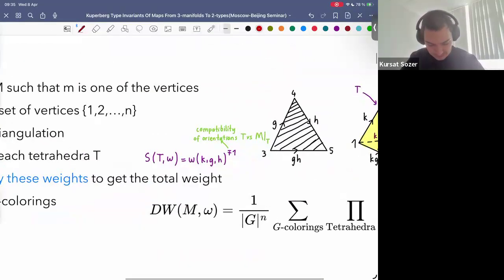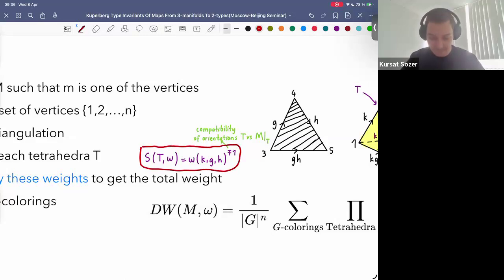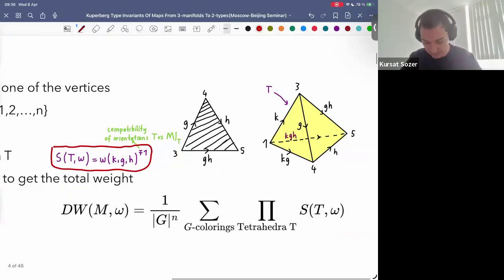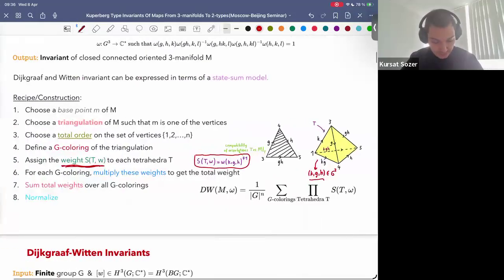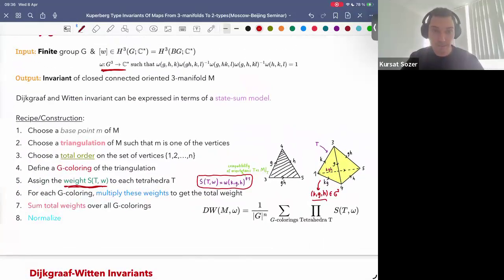This weight is precisely the value of the cocycle, or its inverse, at the triple associated to this tetrahedron. So we take this triple and evaluate the 3-cocycle that we picked at the beginning.